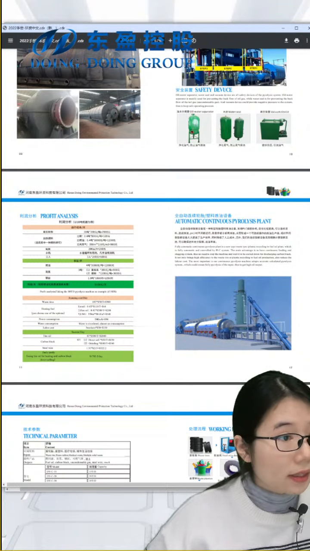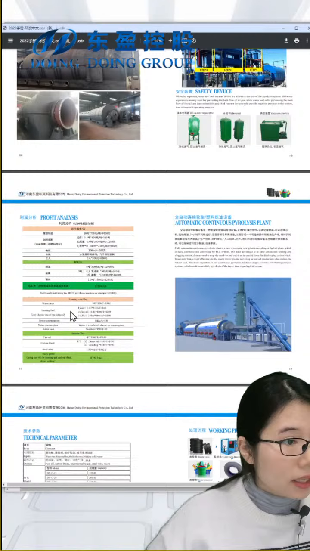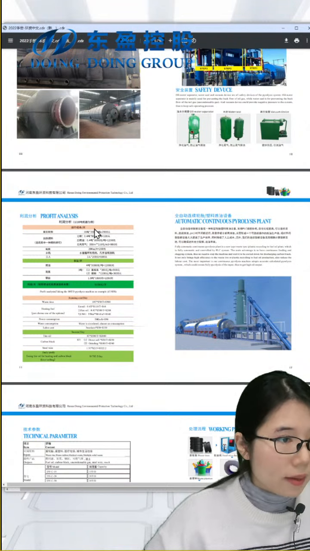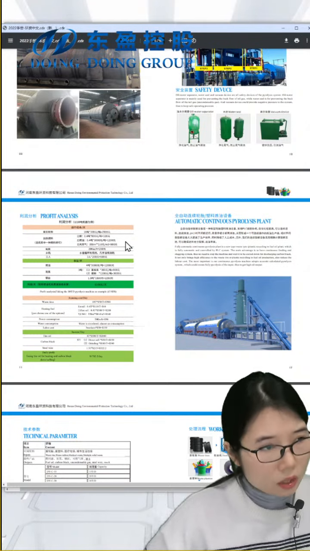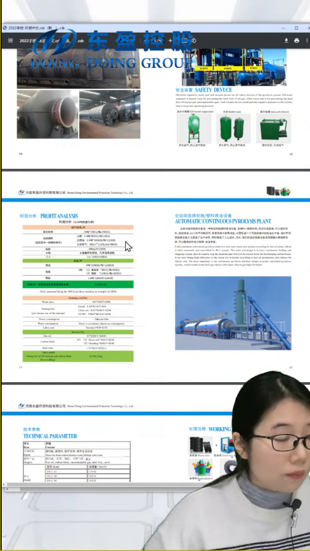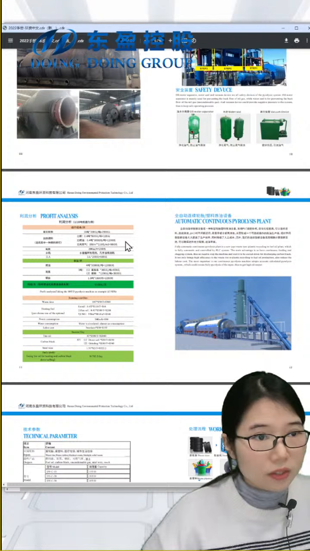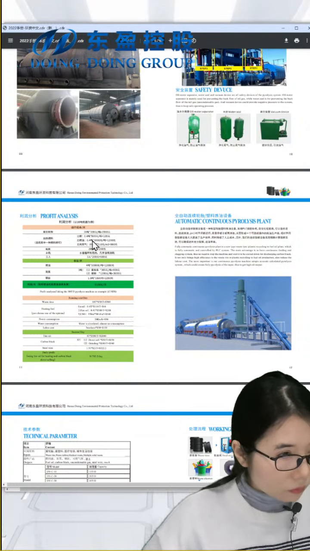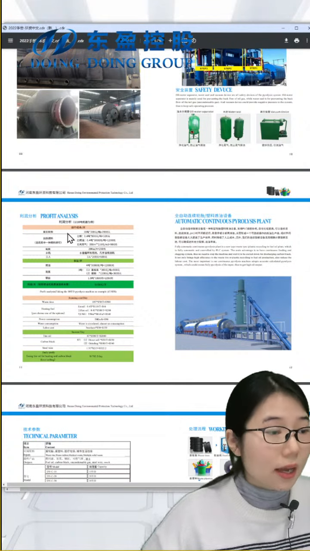And we can see the profit analysis of our pyrolysis machine. Just for example, take the 10-ton pyrolysis machine. Firstly, we need to calculate. You need to find out your local price of tires or plastic.